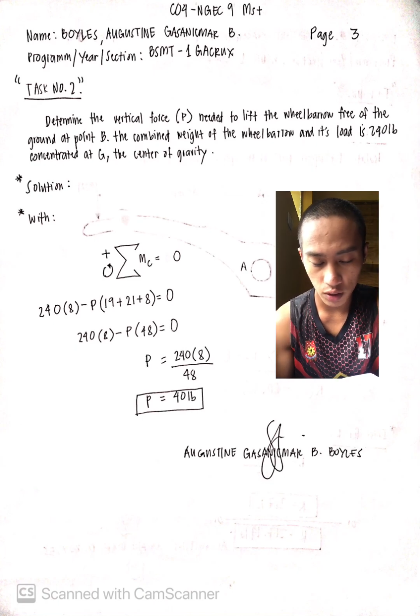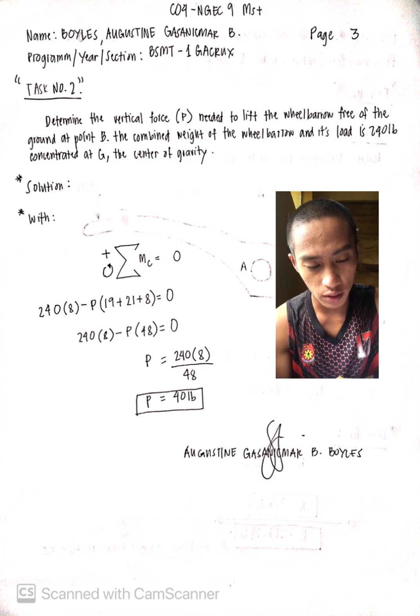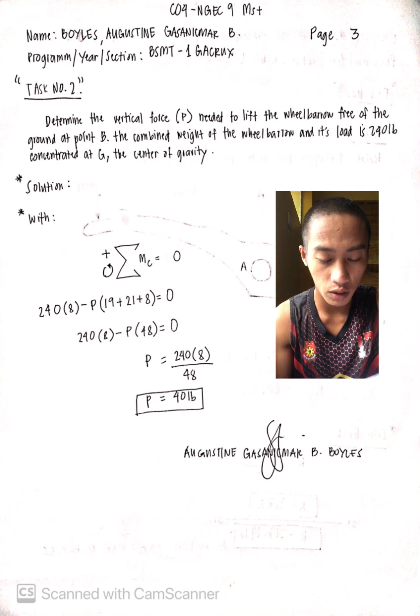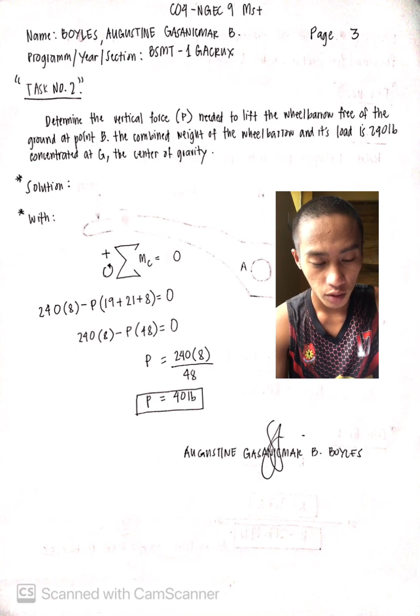So task 2, sir. We can see that I made an illustration, so this is my solution. Equilibrium MC equals 0. So 240 times 8 minus P(19 plus 21 plus 8) equals 0.